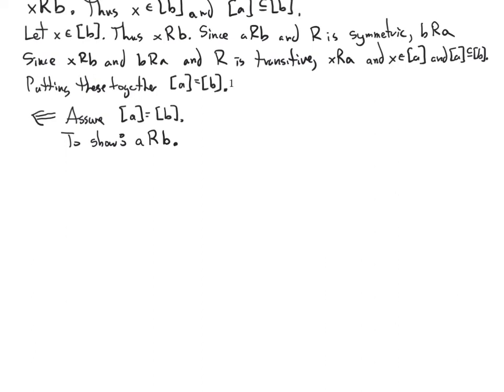Remember, R is an equivalence relation. Everything in these equivalence classes is related under the relation R, and you know R is reflexive, symmetric, and transitive. So those things should help you out.